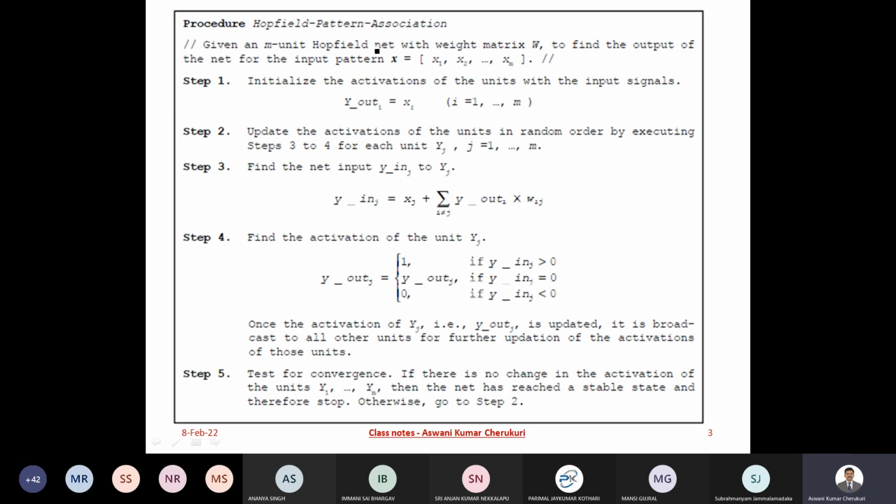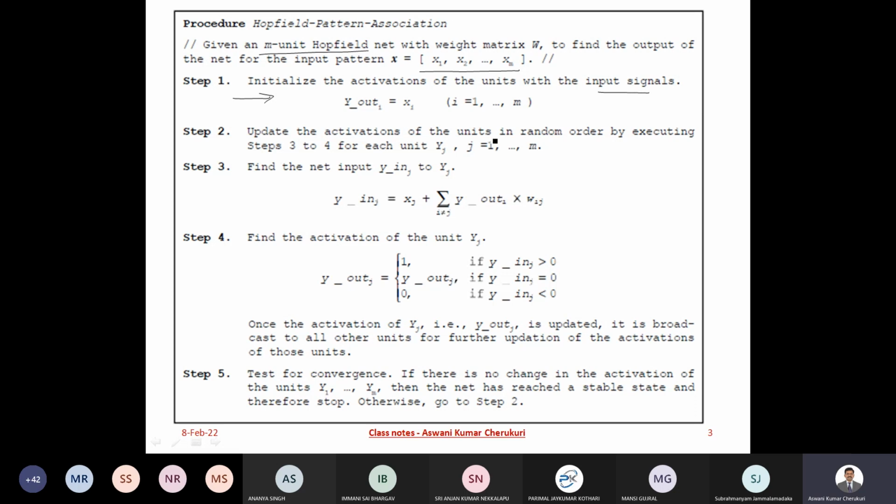So you have an M unit Hopfield network, and you are giving an input pattern x1, x2, so on, xm. Then for that, the first step is you initialize the activations. For the given input, what is the activation with the input signal?